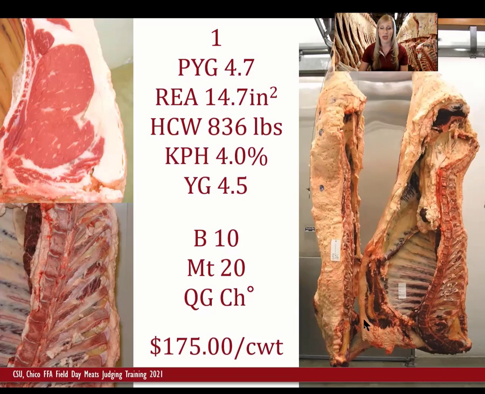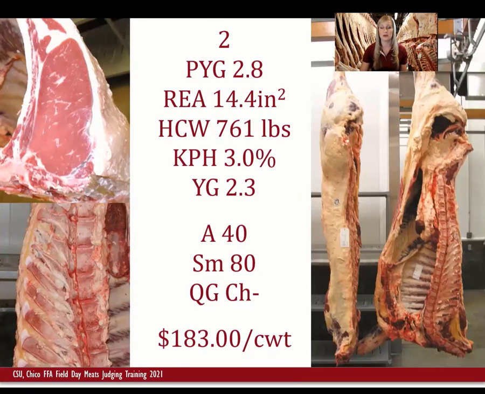So it's really evident why yield grade 4 and 5 carcasses are going to rank lower than yield grade 2. Even though yield grade 2's quality grade isn't as good as number 1, the yield grade in this instance is going to rank 2 over 1.